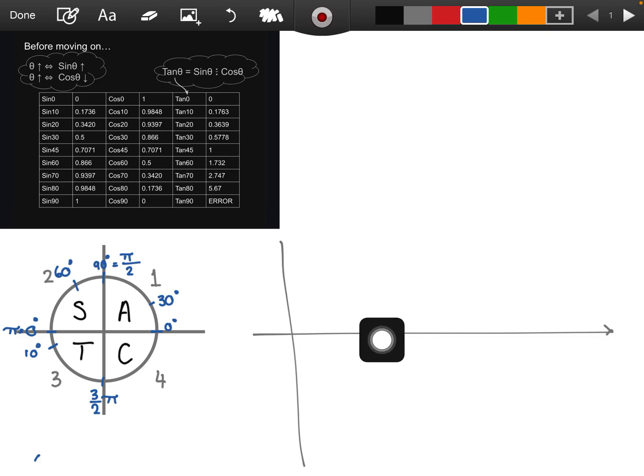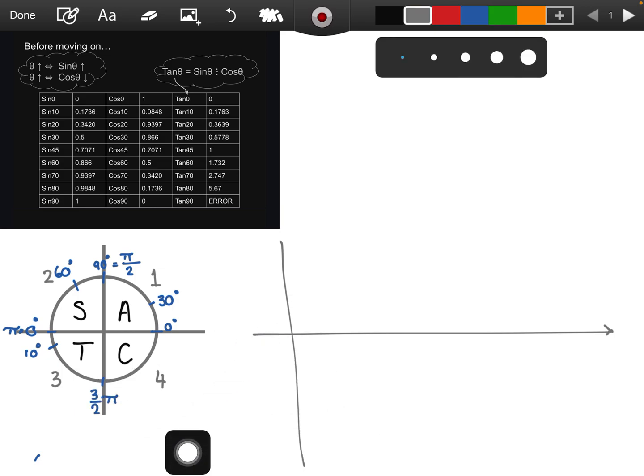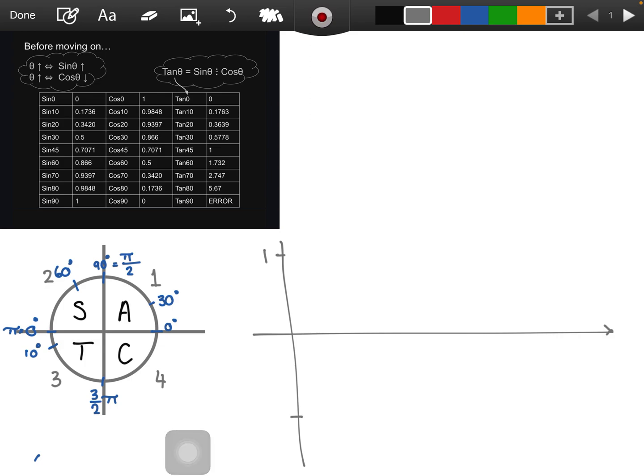I'll get back to 0, and then the smallest number I'll get is -1, because I'll be 90 degrees, or pi over 2, away from it, but in a negative quadrant. So I might get down to -1 as well. The range on my y-axis is just going to be between 1 and -1.